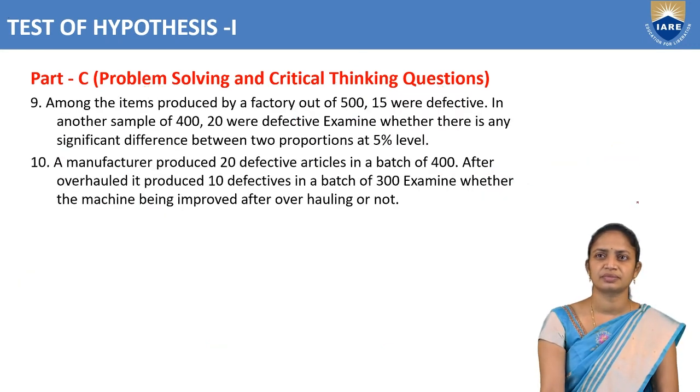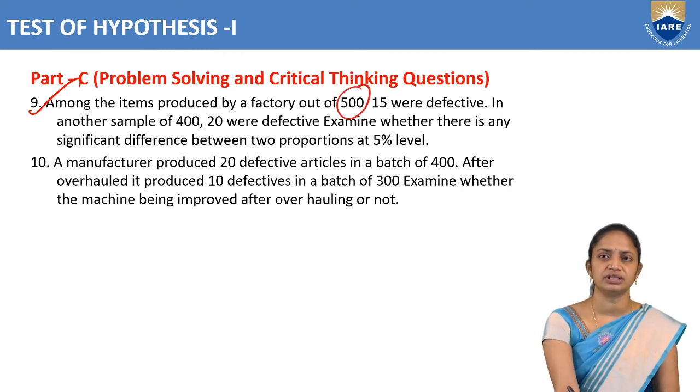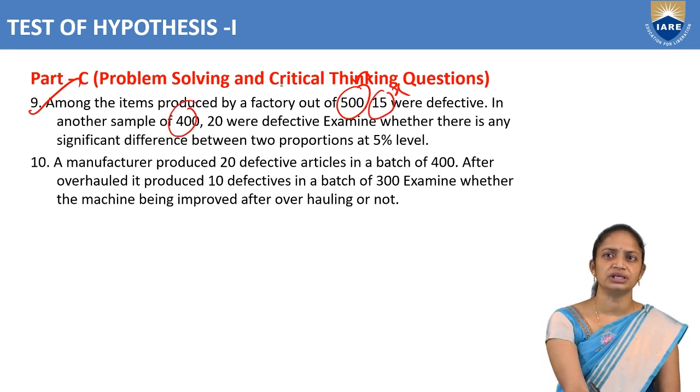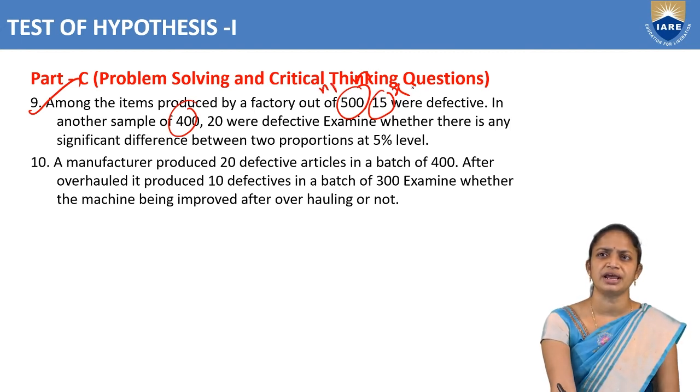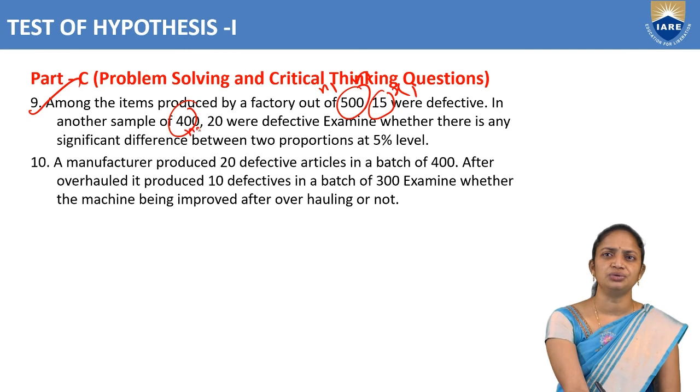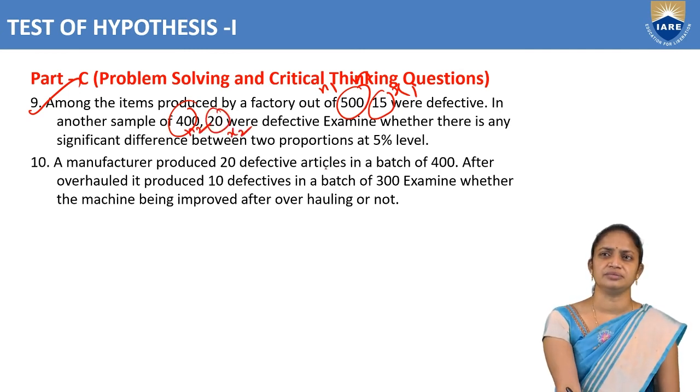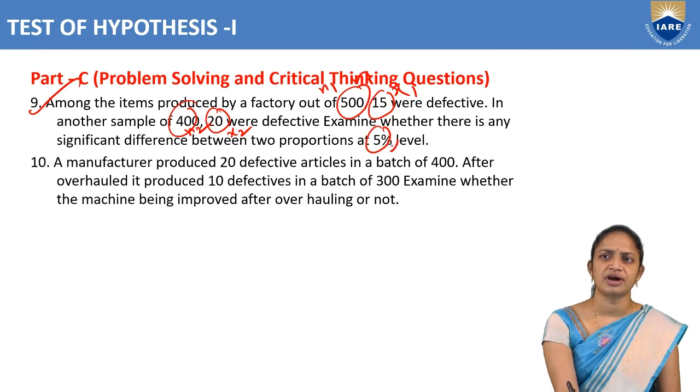Now, next question. Among the items produced by a factory, out of 500, 15 were defective. So here they have given that n1 equal to 500 and x1 equal to 15, n2 equal to 400 and x2 equal to 20. Okay, so here alpha equal to 5%.